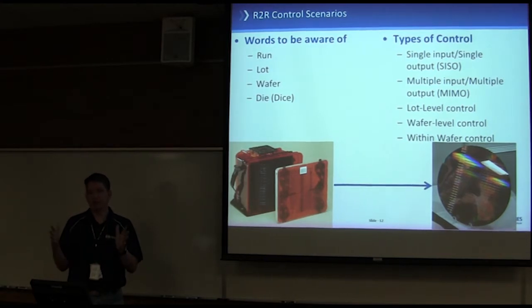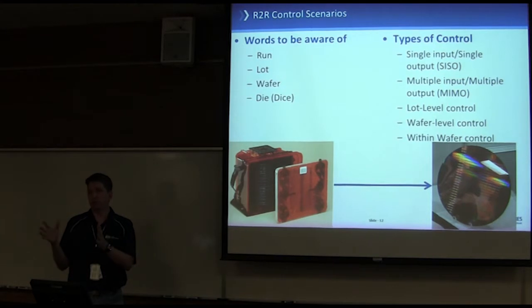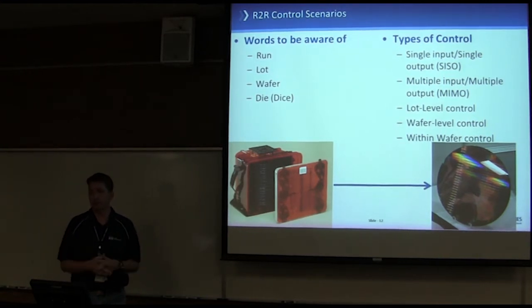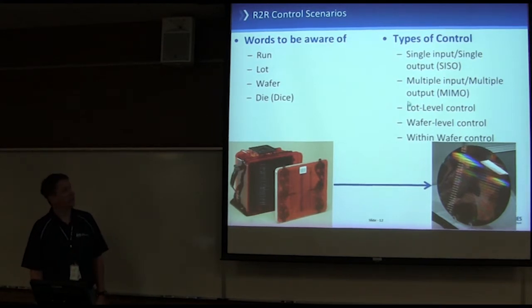So if you're off by a certain amount on your post metrology that you didn't anticipate, you don't necessarily want to make a full adjustment based upon how far off you are. You want to say, I trust my post metrology, whatever, 30% of this entire correction I'm going to base on the current metrology that I just measured, and the rest I'm going to base on historical. So that's what EWMA kind of does.